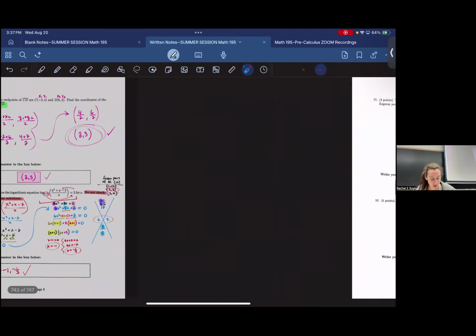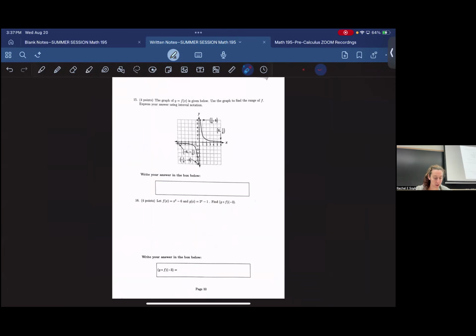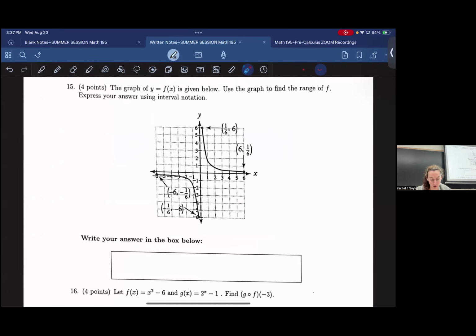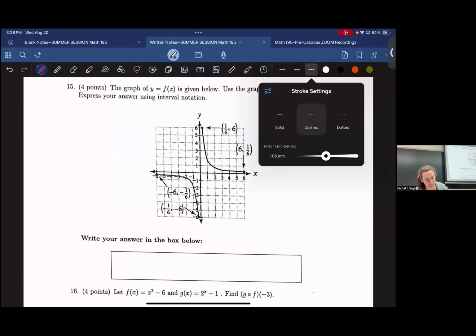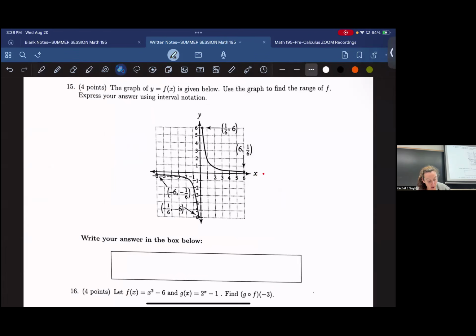All right, let's move on to question 15, where we're just asked to use this graph in order to find the range. So all of our possible y values are what? Be careful. Well, remember, both of these graphs represent the function.